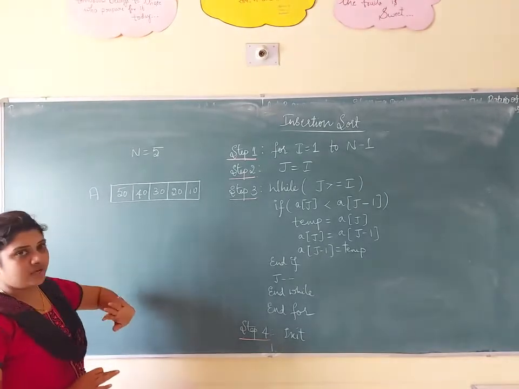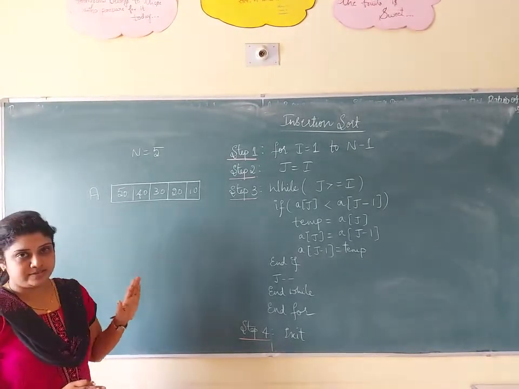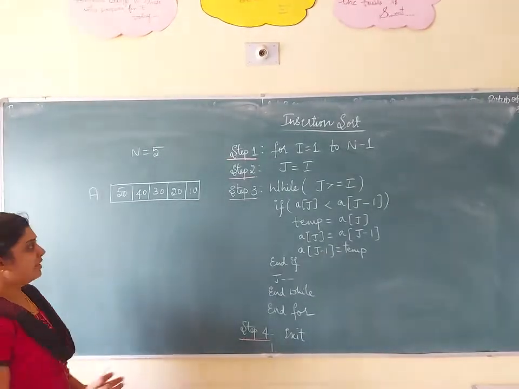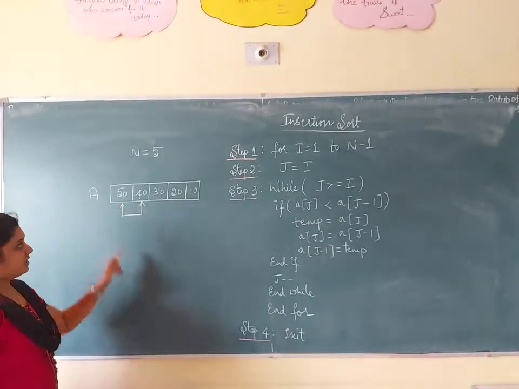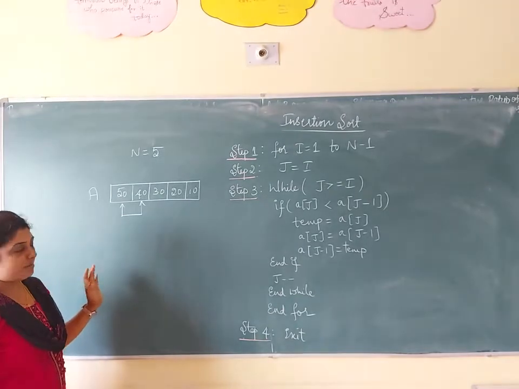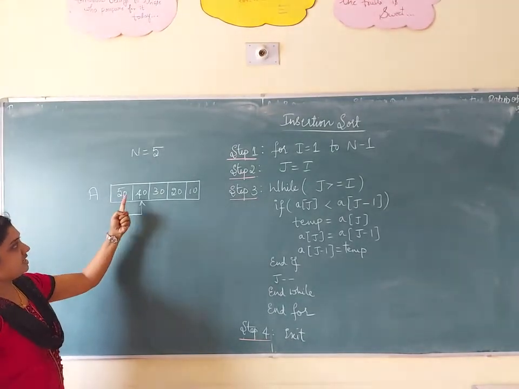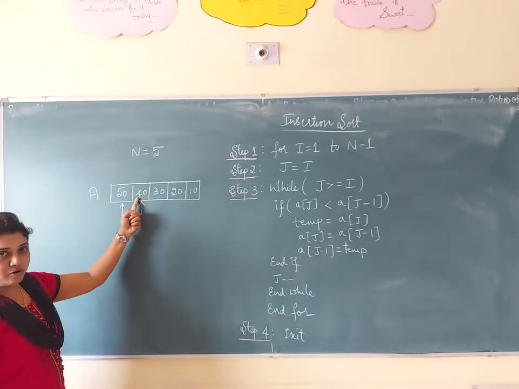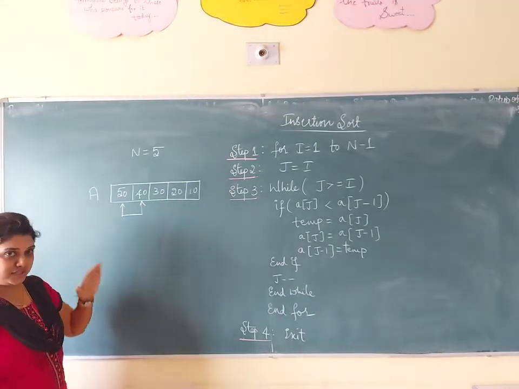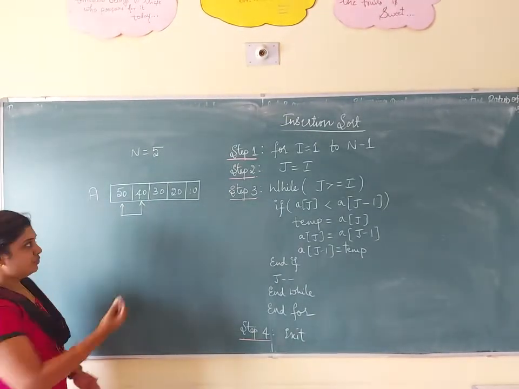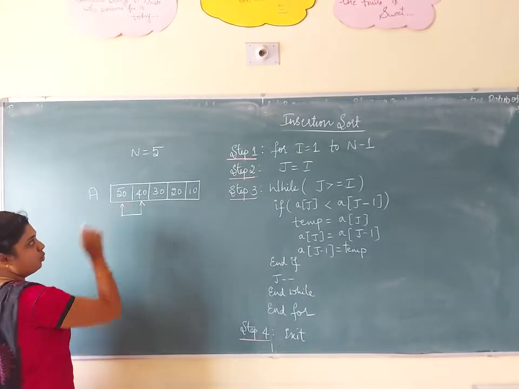Now what this algorithm says is, first you have to compare the first and second element. 50 is greater than 40, yes, the condition is true. Now you have to interchange these two values.